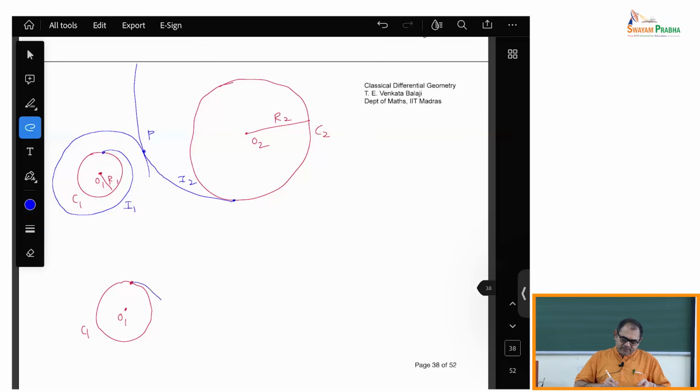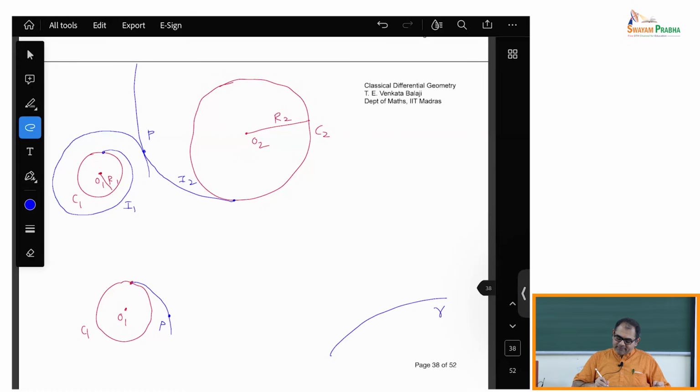If I draw this involute, you take any point on the involute, P. You use the fact that at any point on the involute, you draw the normal. That will be the tangent to the original curve. The normals to the involute will be tangents to the original curve.